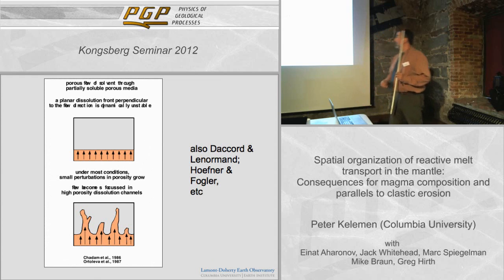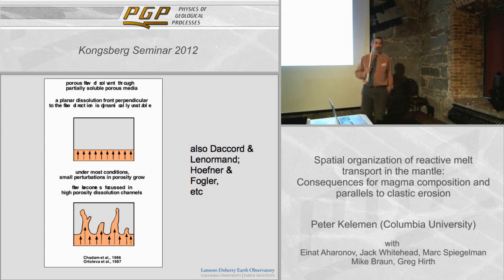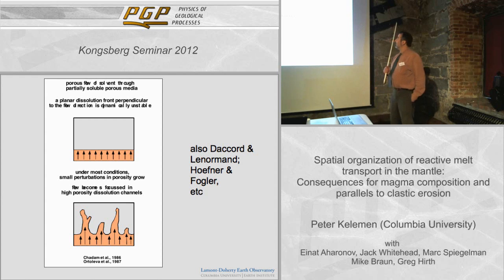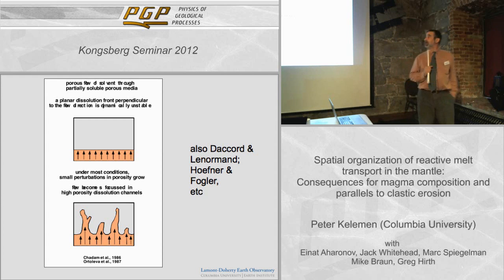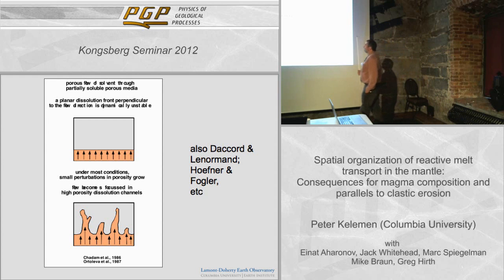And there's a whole variety of other features that I don't have time to go into that give us the same kind of result. So, when I was a youth, and I was looking at these things, I was very fortunate that Alex McBirney pointed me towards literature in what you might call hydrology, about unstable growth of dissolution channels.